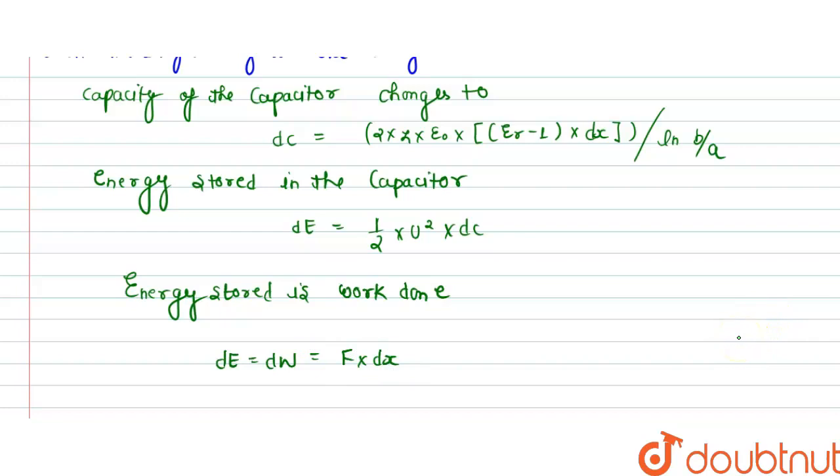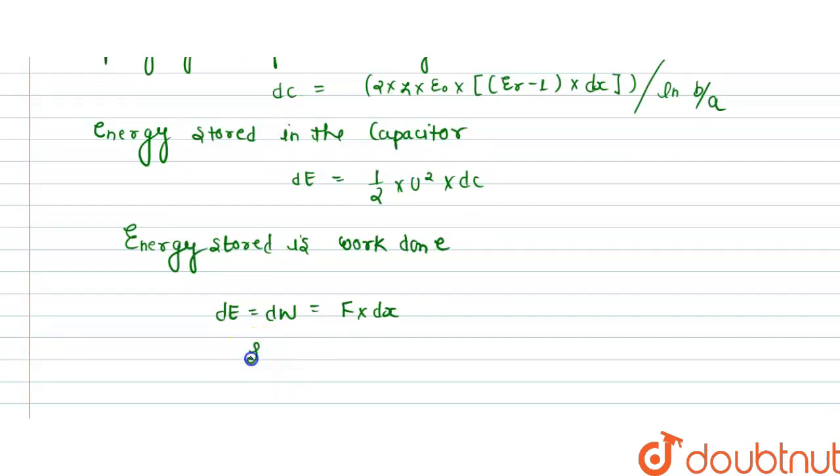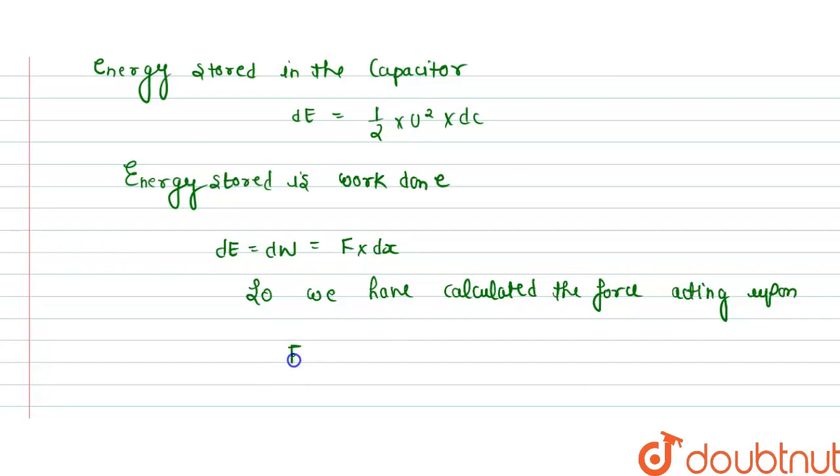So we have calculated the force acting upon it. So F equals 1 by 2 V square into dC by dx.